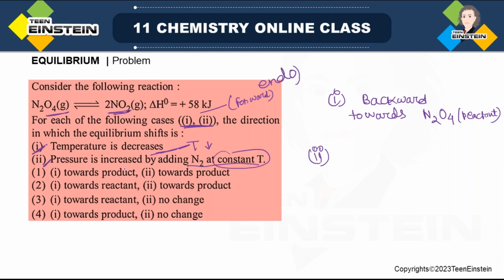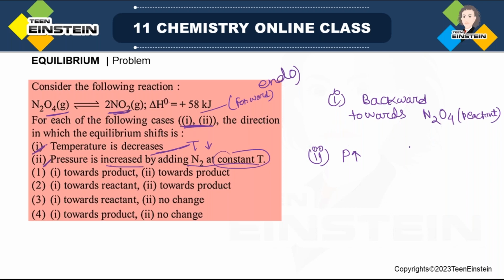is pressure is increased. Now pressure you are changing, that means directly it is not mentioned that it is constant volume condition, but as it is already written pressure increase, so obviously it is at constant volume condition.